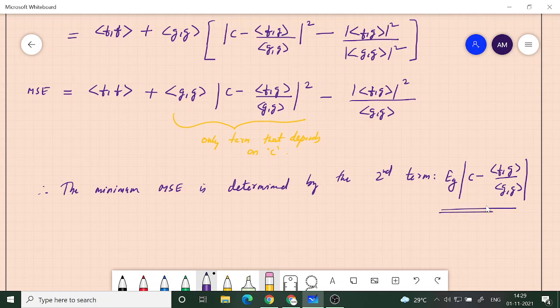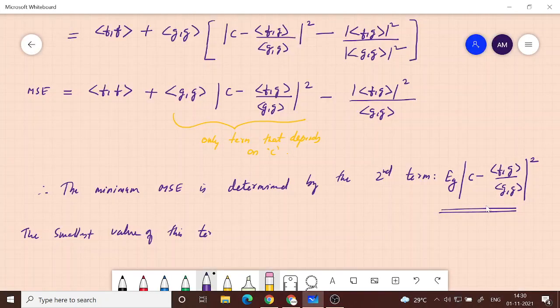So it is determined by this term. Now this is going to be a positive term. It cannot be a negative term. If it is a positive term, what is the smallest value possible for this term?